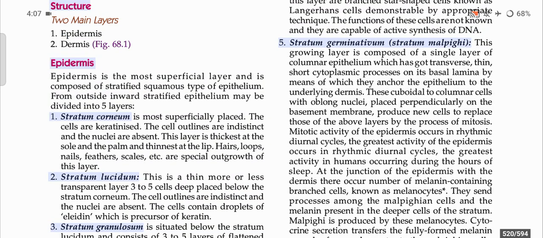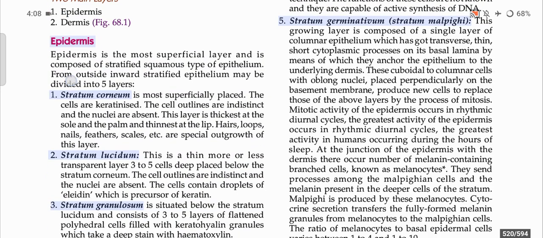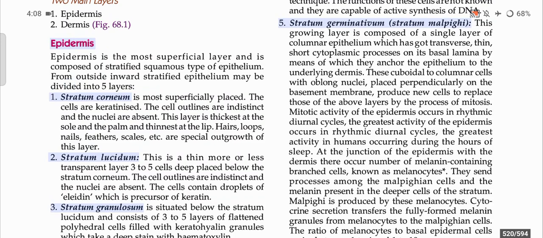So this is the fourth layer, and the last layer of the epidermis is stratum germinativum, or stratum malpighi. This growing layer is composed of a single layer of columnar epithelium which has short transverse cytoplasmic processes on its basal lamina, by means of which they anchor the epithelium to the underlying dermis.